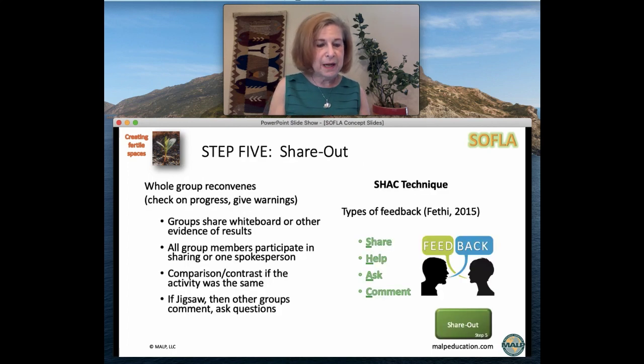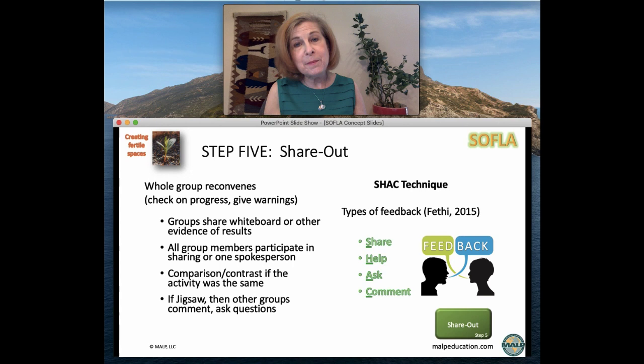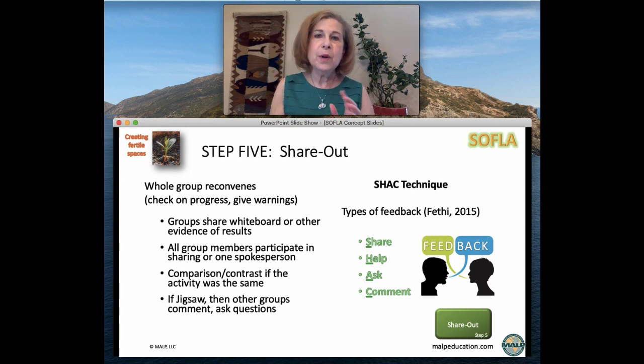So in step 5, we have a share out. This is also part of the breakout idea, that they know there's going to be a step 5 share out, and I don't always pick everybody. When the group comes back, and this is important too, you need to check on their progress, not call them back before they're ready, or when they've been sitting there waiting.